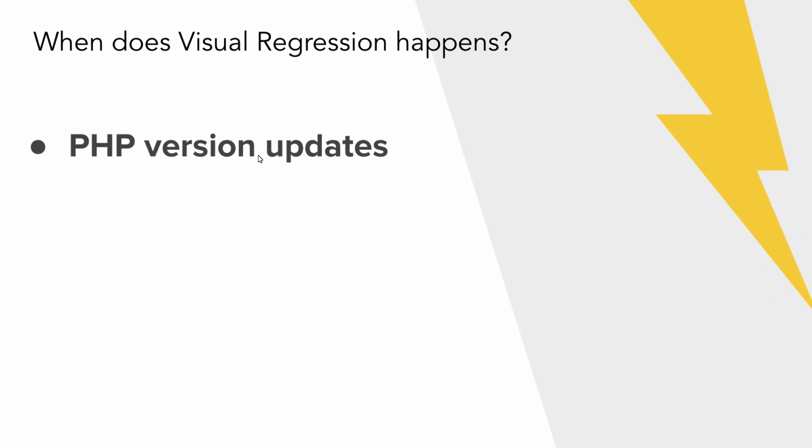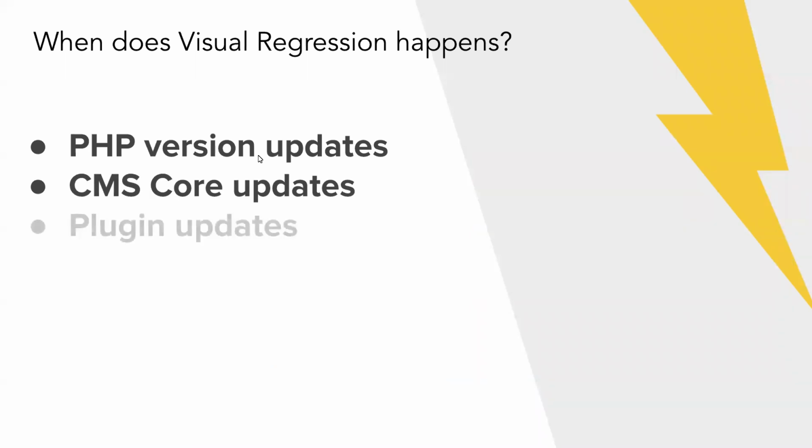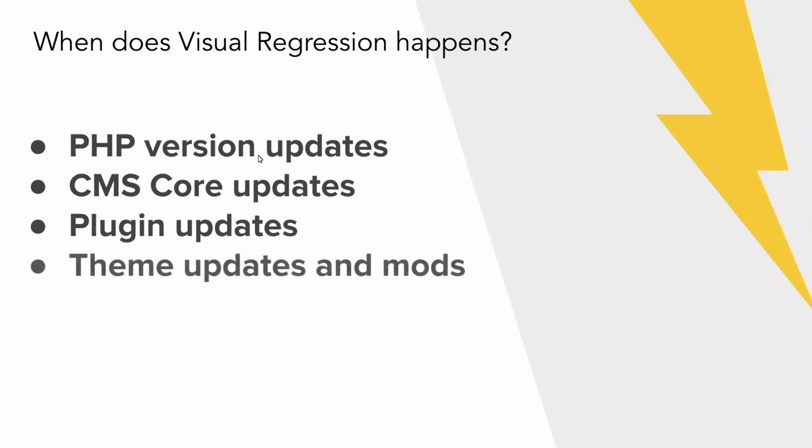Sometimes it introduces an error on the top of your site, or sometimes it alters the view of your site. Most of the time, it also happens on CMS core updates, as well as plugin or module updates. And if you have theme modifications or theme updates on your site, that usually happens.